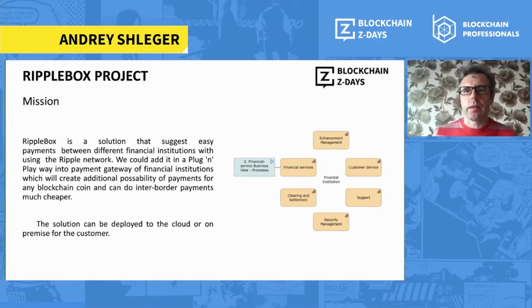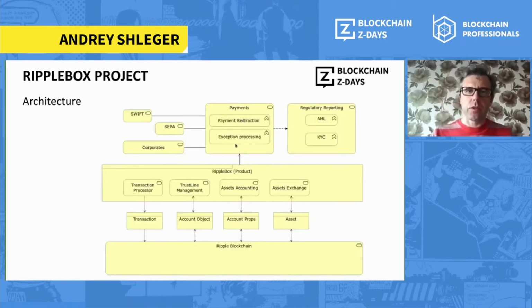Then you could add some payment layers to this, and inside this layer you just need to understand which transaction will go abroad, which transaction will go to blockchain, and which transaction will just be paid with the bank system. And it depends on your business model.